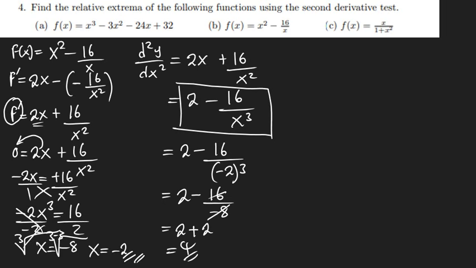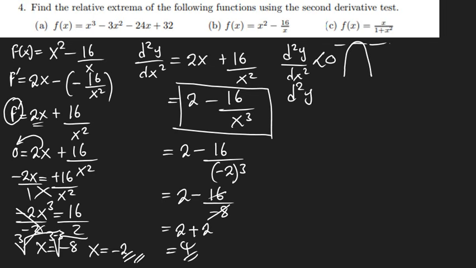Now notice that when you get the minimum point at some point d2y over dx to the power 2, when it is less than 0, that's when you get the maximum point rather. The curve is going to be in this way. The maximum point is found at this point.